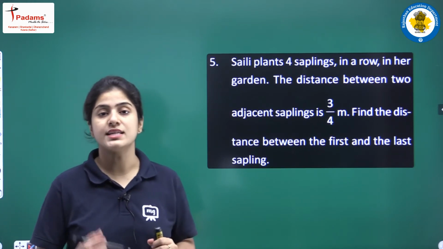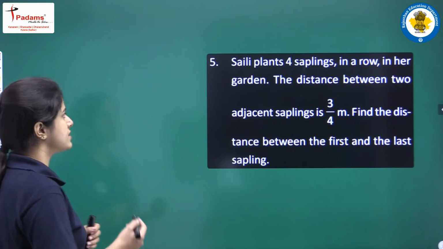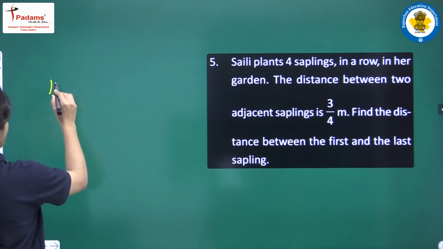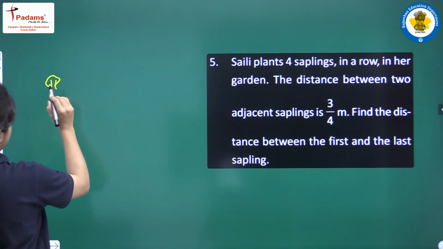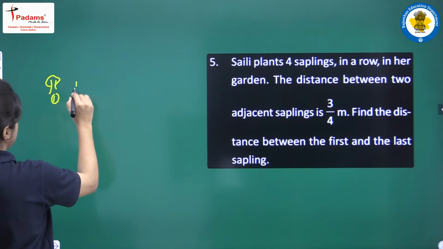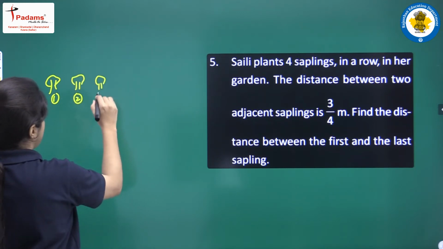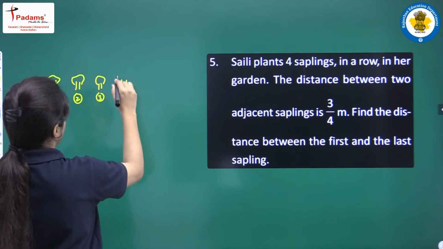What this question is saying, students, is that Sally is planting saplings. Suppose for example this is the first sapling, this is the second sapling, this is the third sapling and this is your fourth sapling.